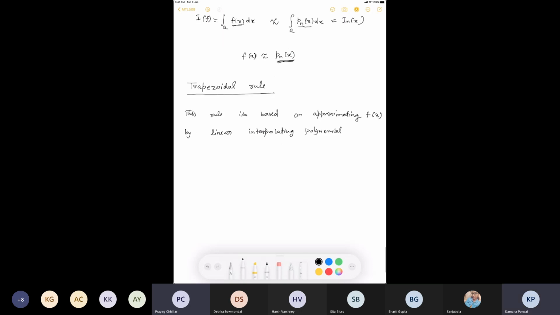And we have an interval, so we want to find the approximation over this interval. Let's denote the x-axis this way, and suppose my function f(x) looks something like this.